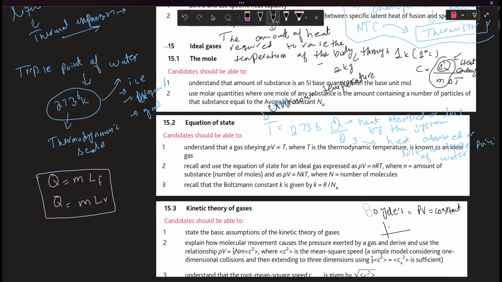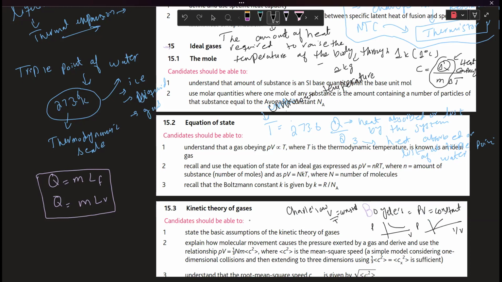We have studied two graphs for it. One appears when we draw pressure versus volume, and one when we discuss pressure and inverse of volume. The second law is Charles' law, and that is V over T equals constant.